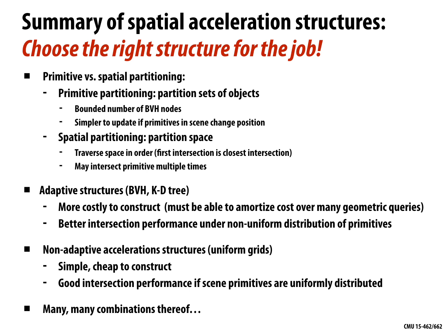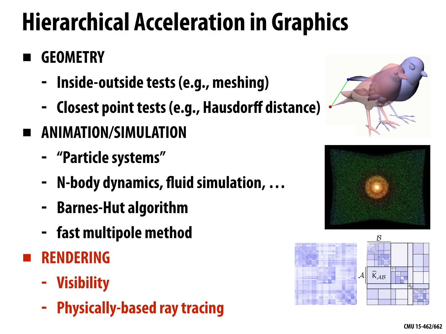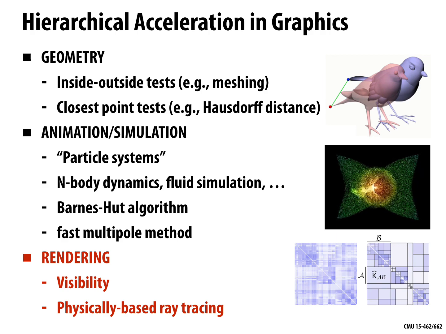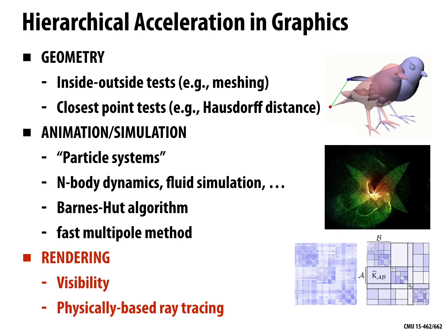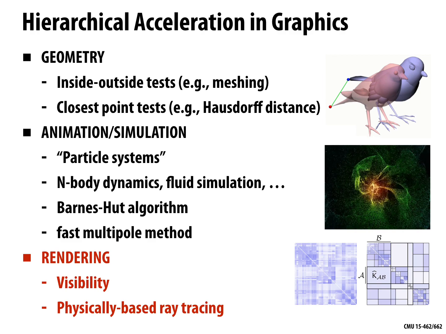Okay, and then there's many, many different combinations thereof. You can mix and match strategies. You can combine trees in interesting ways. This is something that people continue to look at in high-performance computing, how to build the right hierarchical acceleration data structure for a given problem. And in fact, if we step away for a moment from the problem of finding ray intersections, these same hierarchical questions show up over and over again throughout computer graphics in completely different areas.